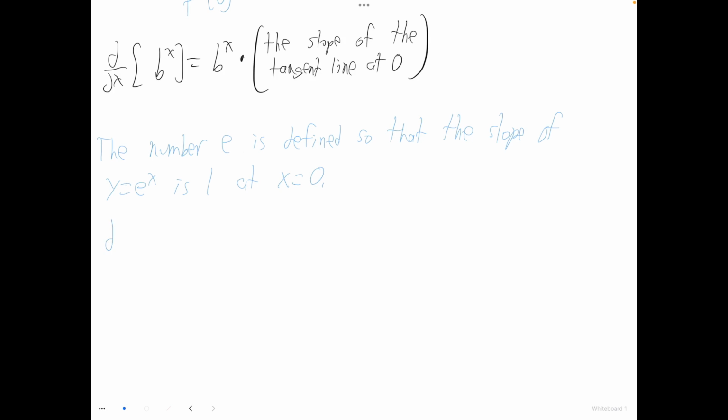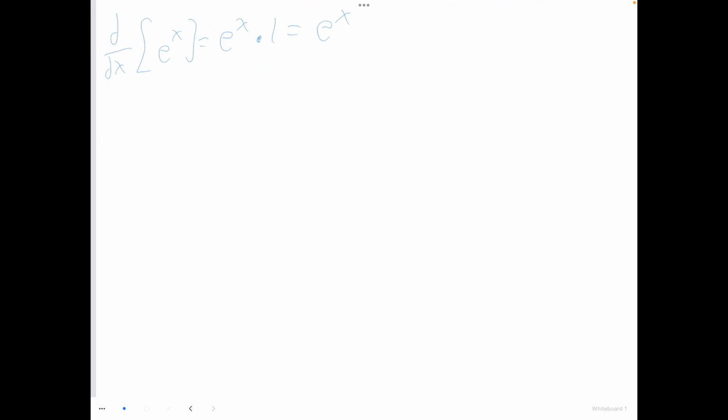So that's just a definition of the number e. And because of that, we have that the derivative of e to the x will be e to the x times its slope at 0, which is 1, so it's e to the x. So the derivative of e to the x is e to the x. This is a special fact for the function e to the x.